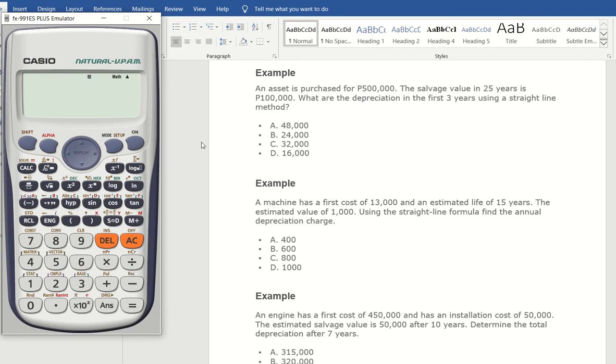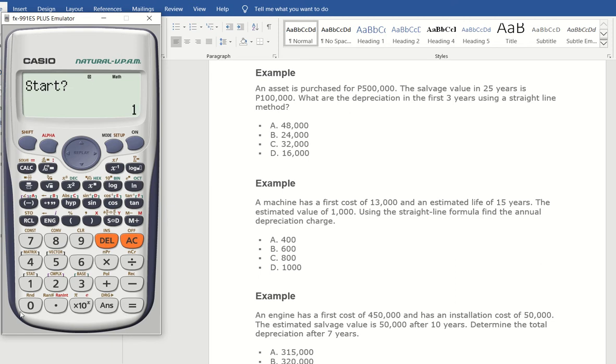Then just hit AC. Now let's go to mode 7, which is our table. So we just need to put here alpha A, the cost value, minus alpha B, which is the cost minus the salvage value divided by the years, and then alpha X. And then just hit equals.